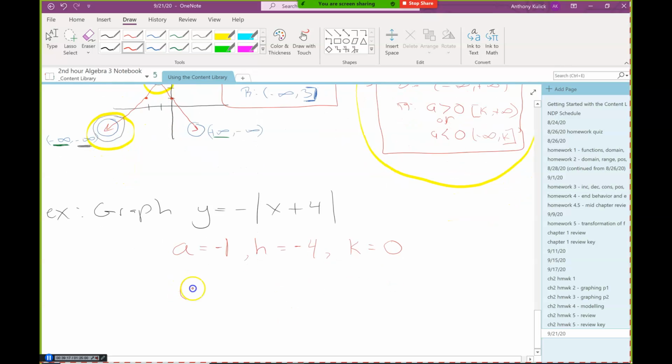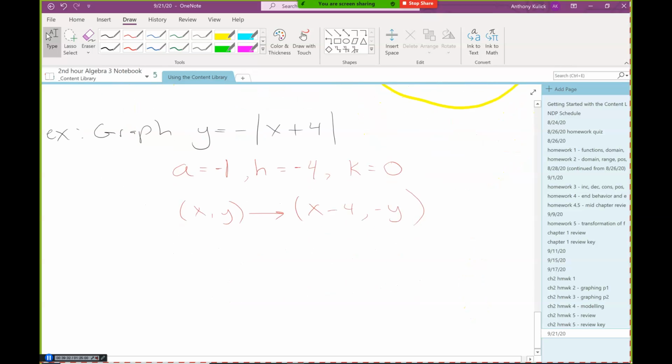Now we can write our transformation map. And then what points are we going to transform?